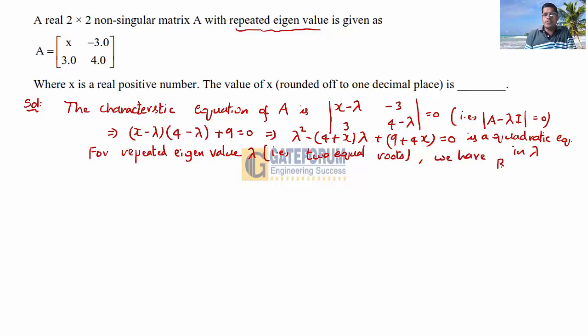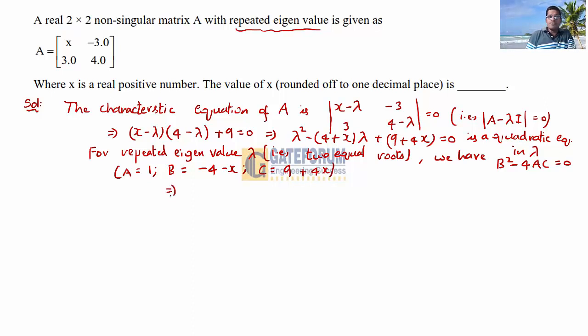We have discriminant equal to 0, that is b square minus 4ac is equal to 0. Here a is the lambda square coefficient, 1; b is the lambda coefficient, that is minus 4 minus x; c is the constant term, that is the term independent of lambda, 9 plus 4x.